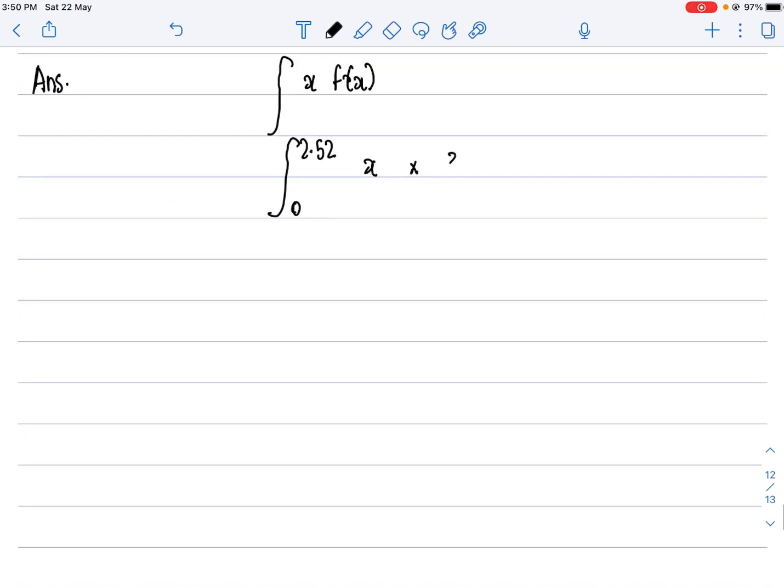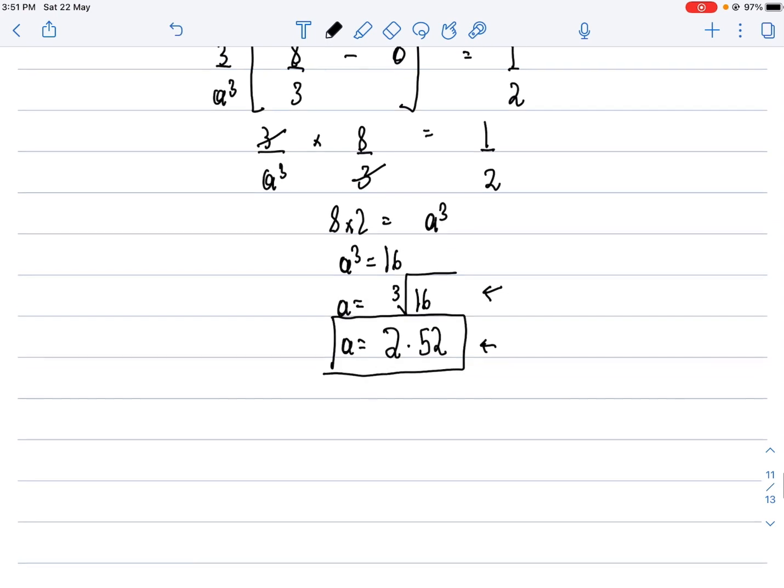So it is 3 over a cube into x square. I know a cube, 2.52 the whole cube, is 16. So I can write this as 3 over 16 into x cube.